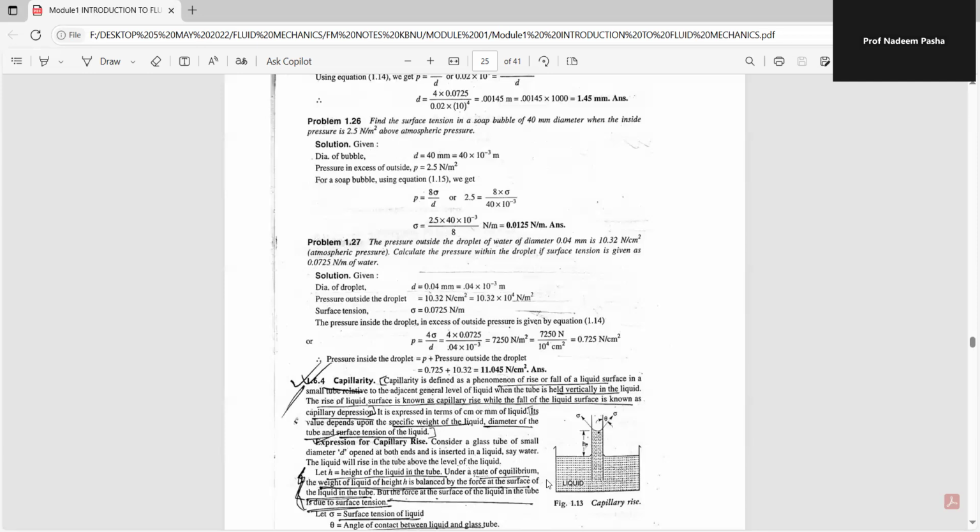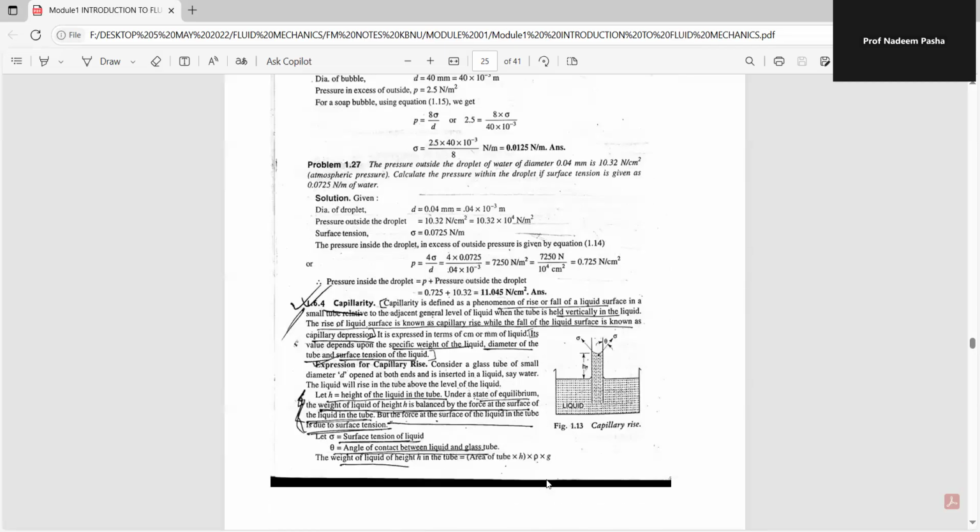Now we are calculating an expression for capillary rise with the help of this sketch. What are we assuming? We are considering a glass tube of small diameter D, open at both ends, inserted in a liquid, say water.